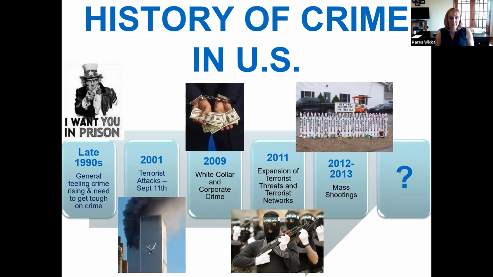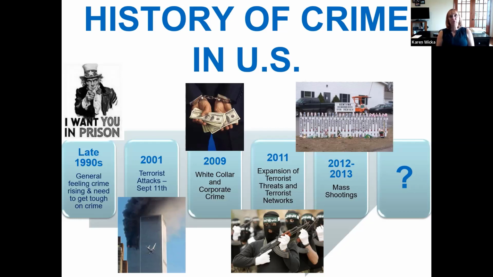We had terrorist threats, the Boston Marathon bombing, and other attacks occurring within our country. Then in 2012 and 2013, we had a boost in mass shootings. We had the shooting in Connecticut, and we had a big focus on that.